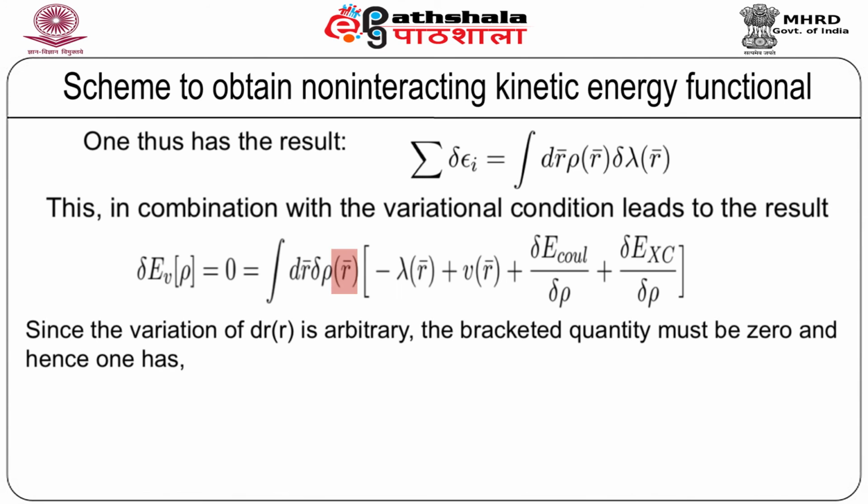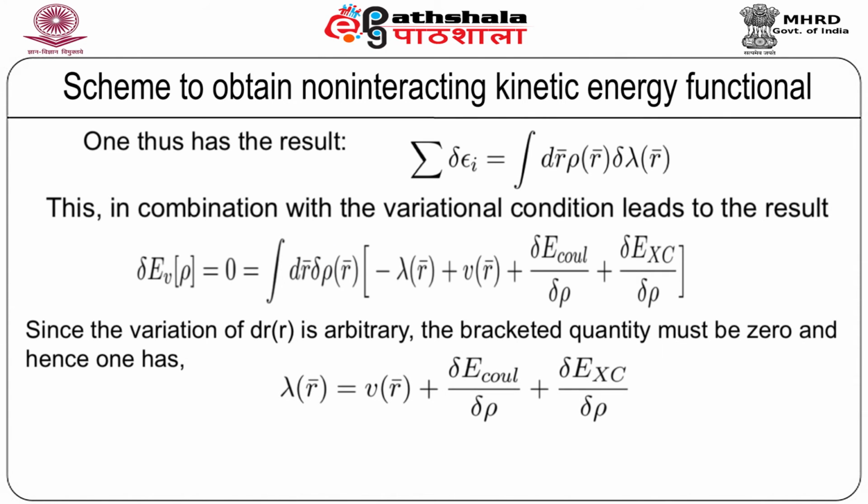Since the variation delta rho is arbitrary, the bracketed quantity must be 0. This gives rise to lambda r equal to Vr plus delta E Coulomb divided by delta rho plus delta E exchange correlation divided by delta rho.